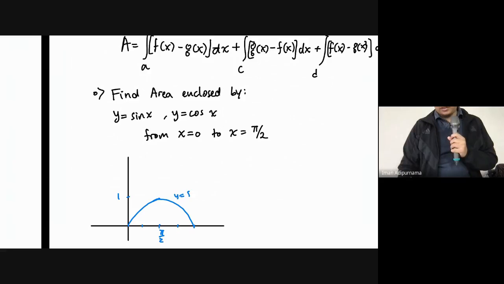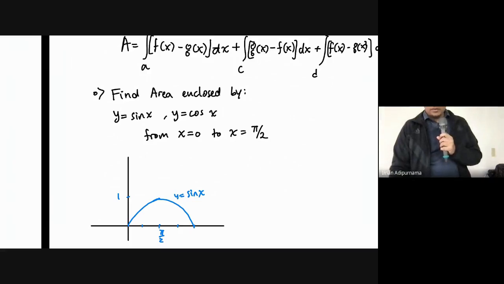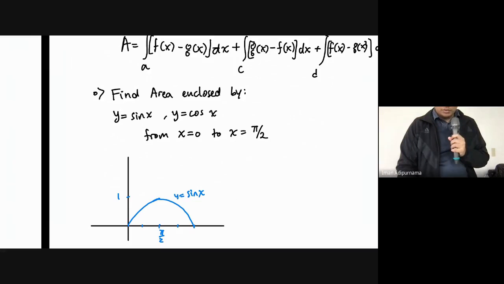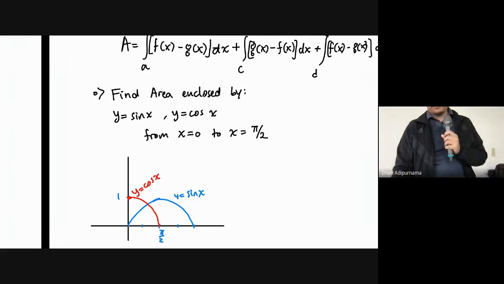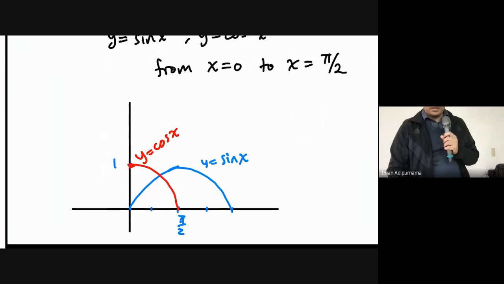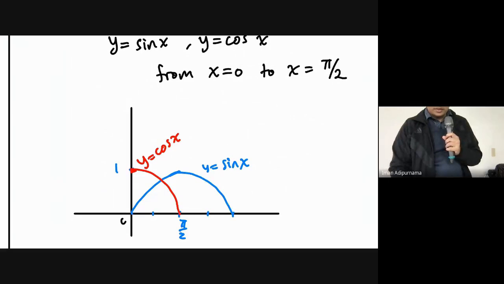Let's say this is sine, and cosine will be like this, because we only consider from 0 to pi over 2.